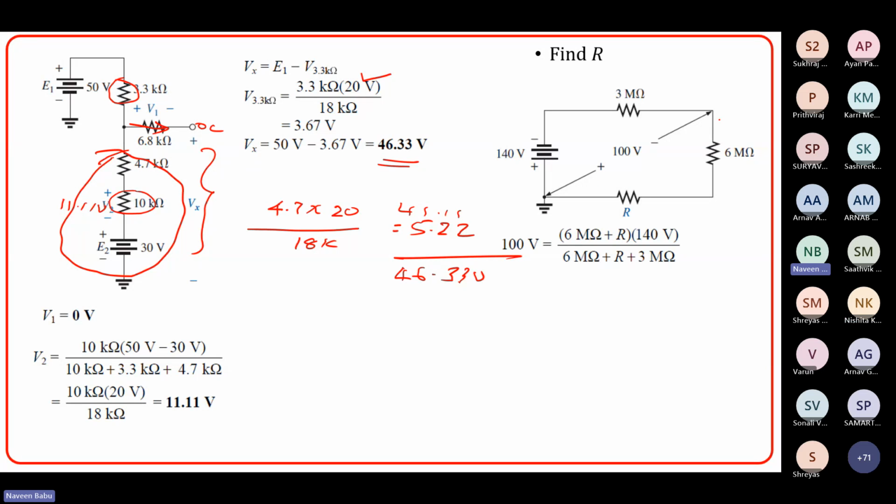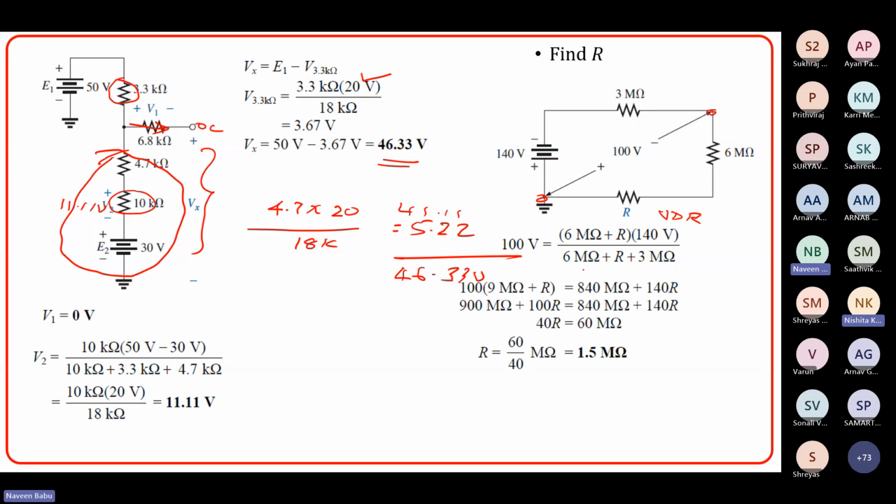So your voltage between these two terminals is 100, which is equal to the source voltage 140 multiplied by these two resistors, 6 plus R, divided by 6 plus R plus this 3 mega ohms. You are applying the voltage divider rule.